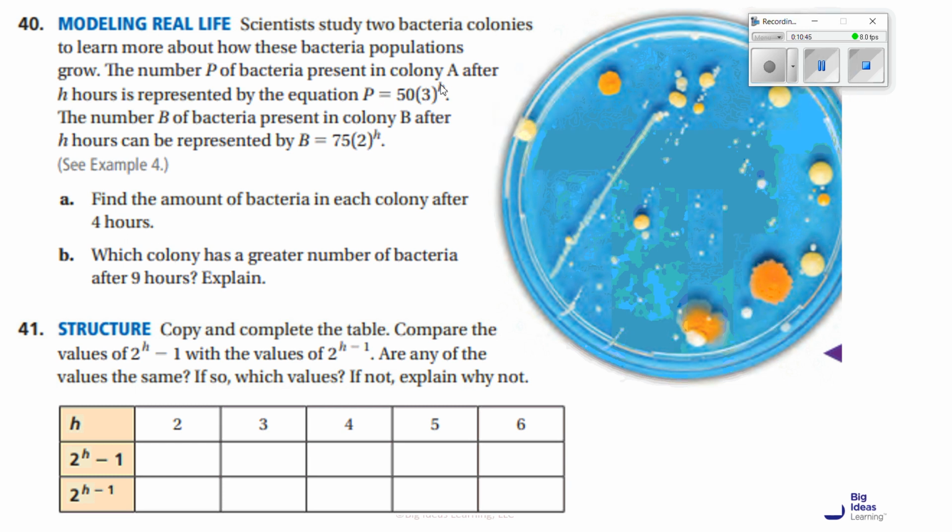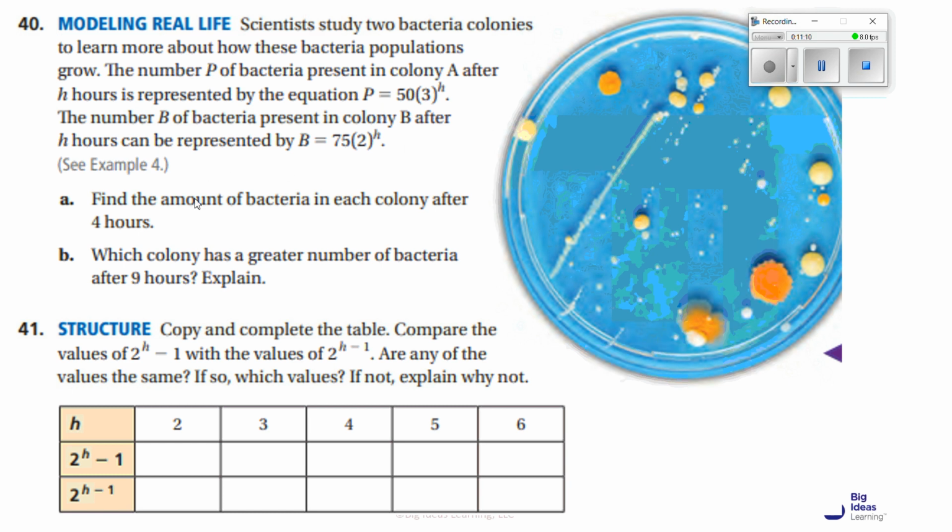So in the first one, this is going to be a 4. So 3 to the fourth power would be 3 times 3, which is 9. 9 times 3, which is 27. And 27 times 3, that's going to give us 81. So for the first one, it's going to be 81.